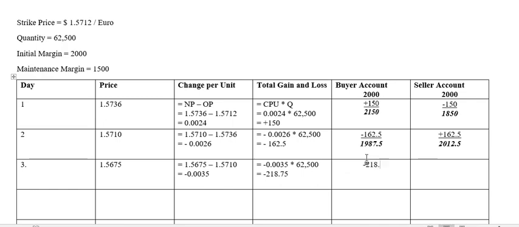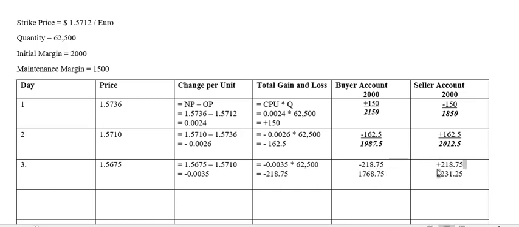Again the price has gone down here, as you can see, so it is a loss for the buyer. That's why I'm subtracting it, and it will be a profit for the seller because one party's loss is actually the profit of the other party. So 2012.5 plus 218.75 is equal to $2,231.25, while 1987.5 minus 218.75 is equal to 1768.75.